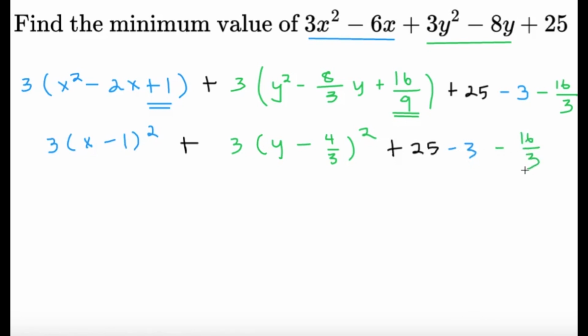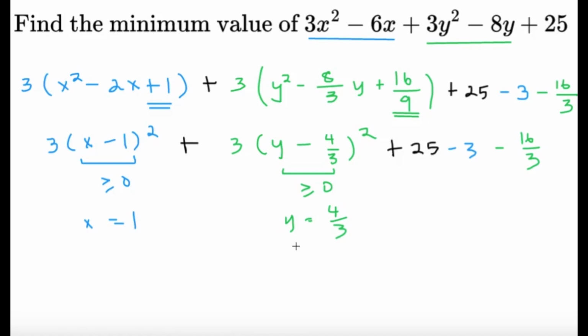Now, since we have perfect squares here, we know that each of these is going to be at least 0. If we want to find the minimum value, we must have x equals 1 and y equals 4 over 3. Now, we have the values of x and y, so if we're interested in getting the point D, we have the coordinates for that.